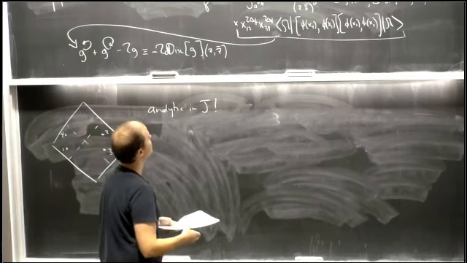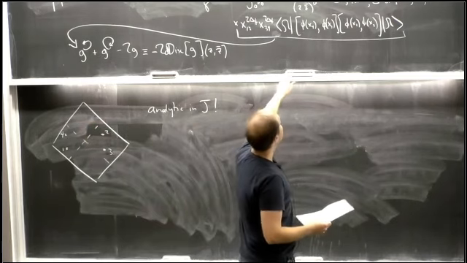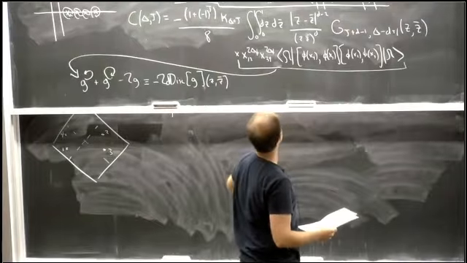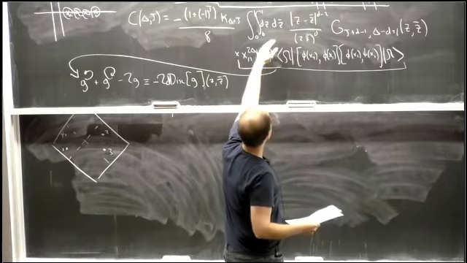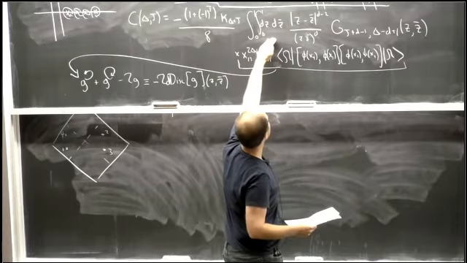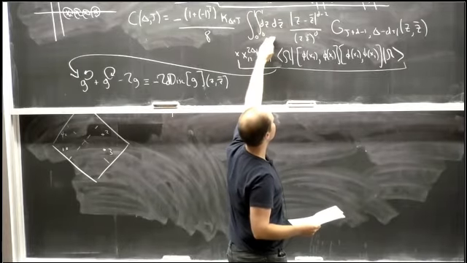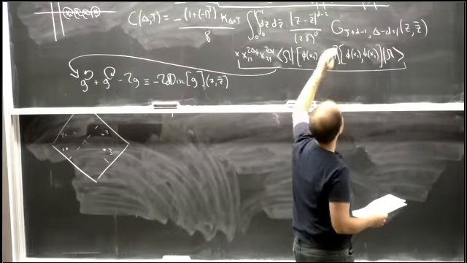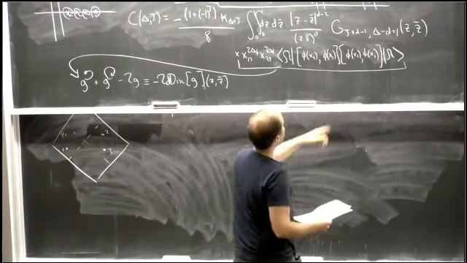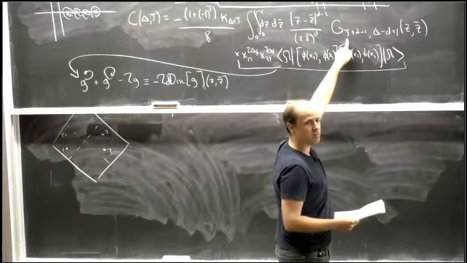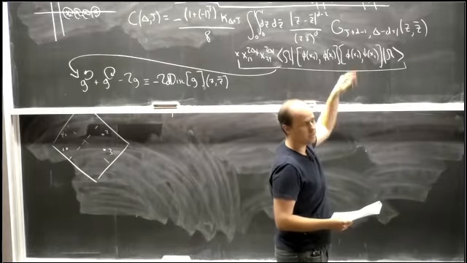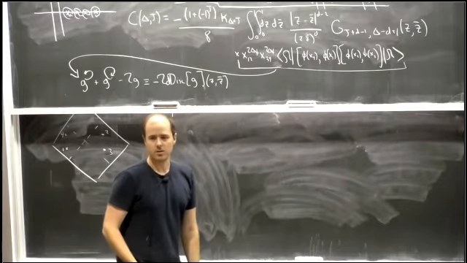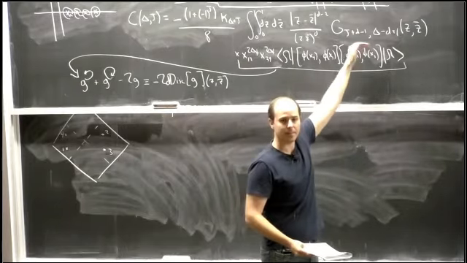The analyticity in J, you can see because it's an integral over this square in cross ratio space where the cross ratios are real, and the only place that J enters is in this conformal block. J is sitting in the slot of the conformal block usually reserved for delta. And it's a familiar fact that conformal blocks are analytic in delta. So of course, this thing is analytic in J.